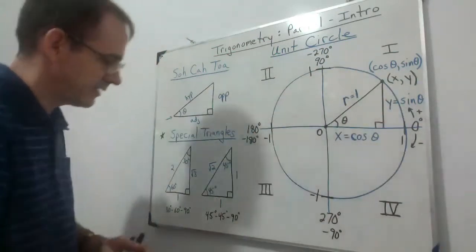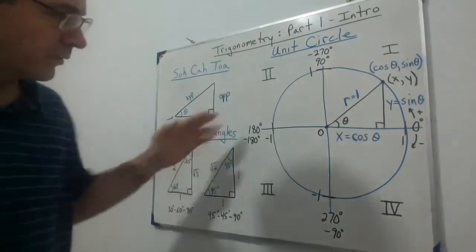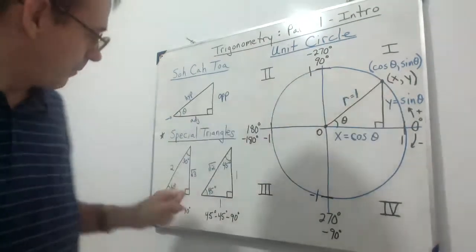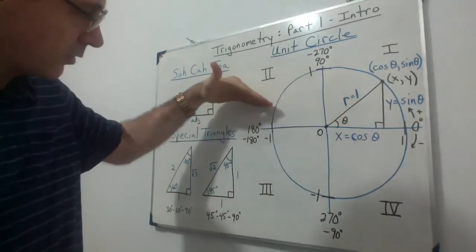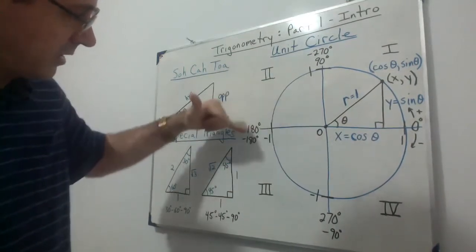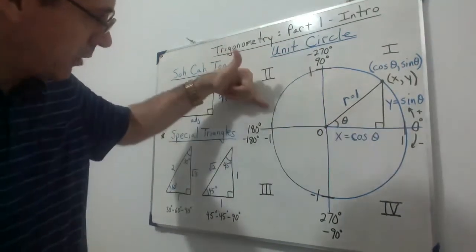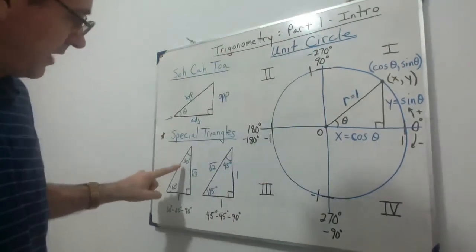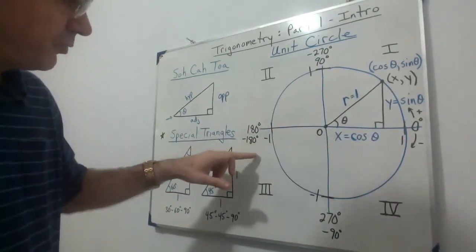We'll come back to this, but these angles, for example, 30 degrees would be in the first quadrant. But this 30 degrees could also be over here in the second quadrant. So 30 degrees from 180 would be 150. So 30 and 150 use the same triangle. If you do 30 down here, that's a 210.